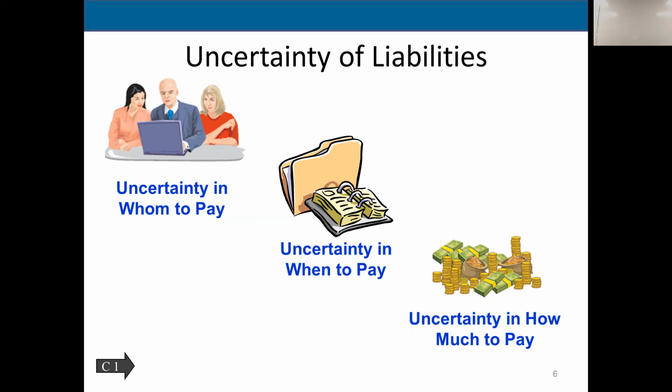If I use that asset to pay a liability, that particular asset is gone. It's spent. Therefore, I have no other option for that asset. I'm only going to have use of that asset again if I go back and replenish it.